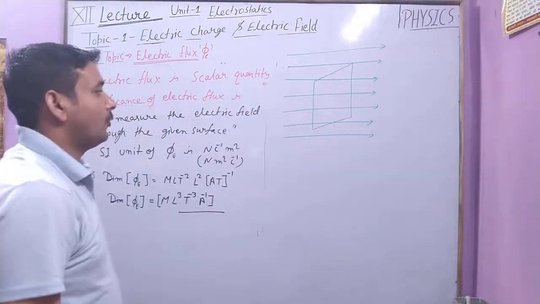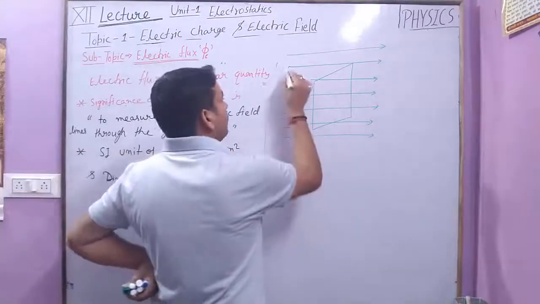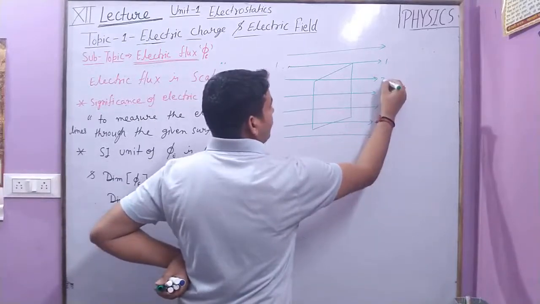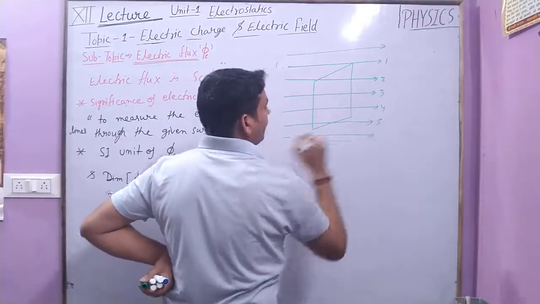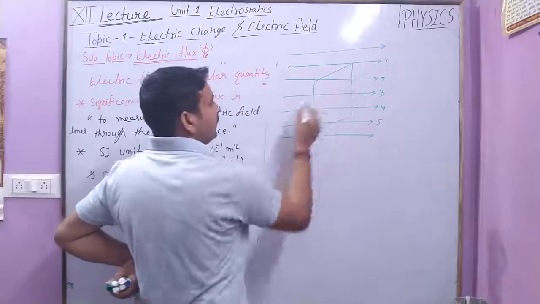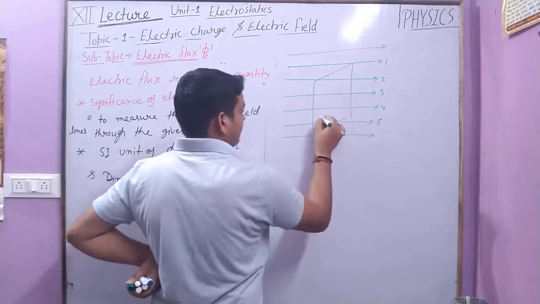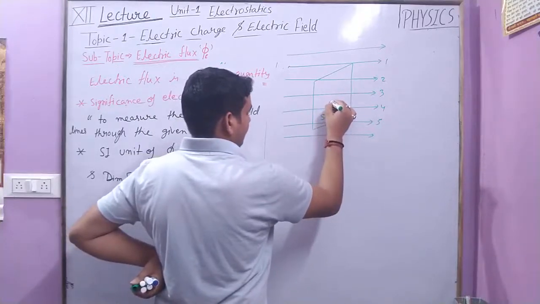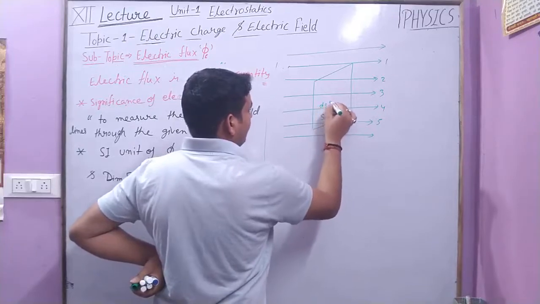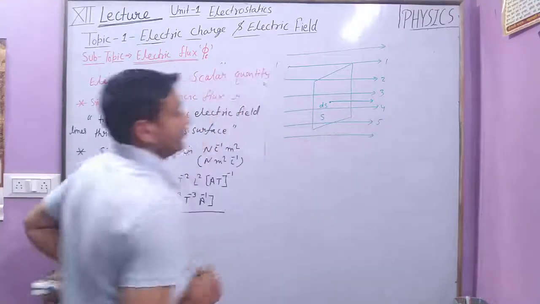Okay, now here you get 1, 2, 3, 4, 5 lines moving through the surface X for any small area normal to the surface.